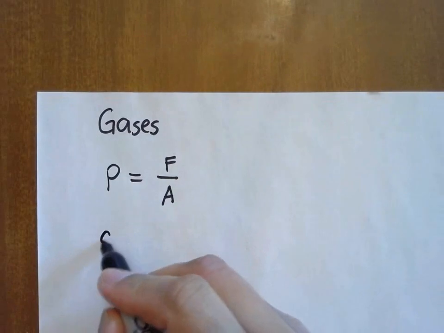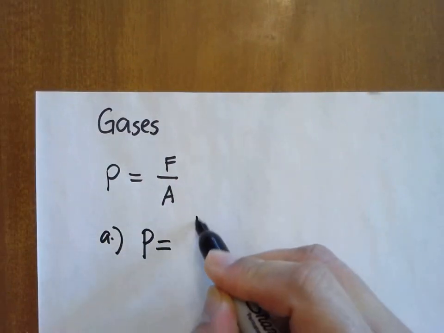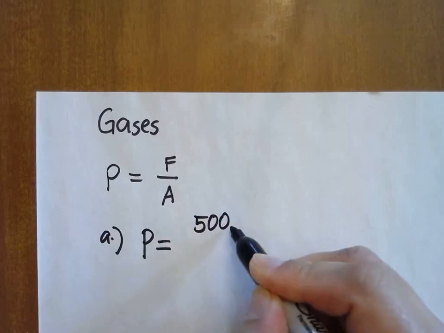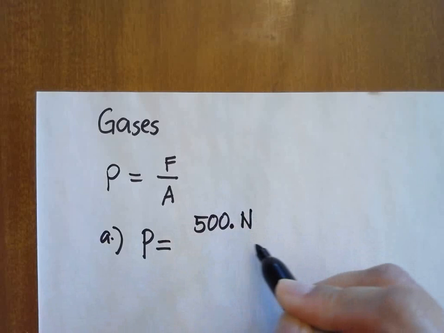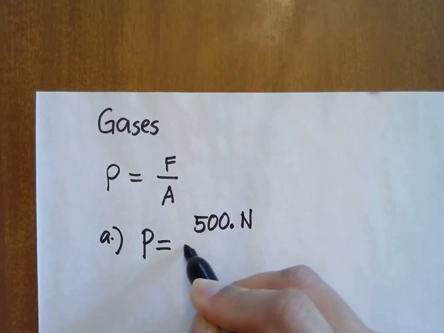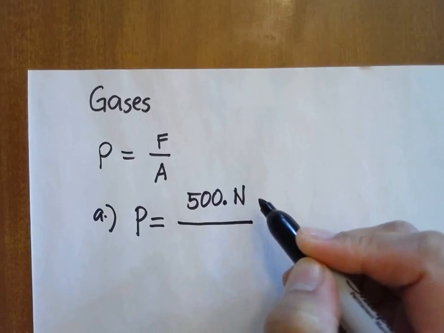So for letter A, P is equal to 500. I'll put a dot right here to make this three significant figures, and N stands for newtons. And that's the unit for force.